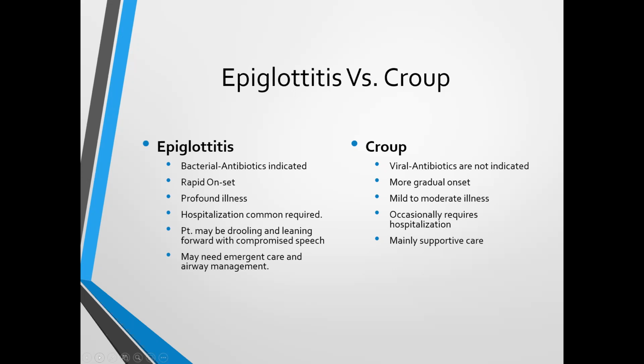Croup, on the other hand, is viral, so antibiotics are not indicated. Versus epiglottitis, it's a more gradual onset. The illness tends to be not as severe, mild to moderate. Occasionally it results in hospitalization, but not as frequently as epiglottitis. The care for it is mainly supportive, whereas the care for epiglottitis may include supportive care, but they're also getting started on antibiotics as well. And again, airway management is an issue.